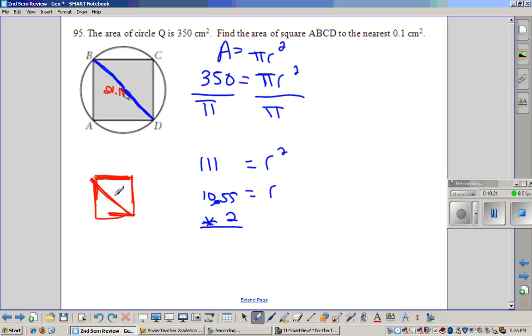So I'm going to use a little trick here that I wouldn't typically do. Kites, this is a kite also. So I'm going to take the diagonal times the diagonal formula of a kite. Diagonal 1 times diagonal 2, which will be identical, 21.11. It's going to be easier to do it this way than to treat it like a square.